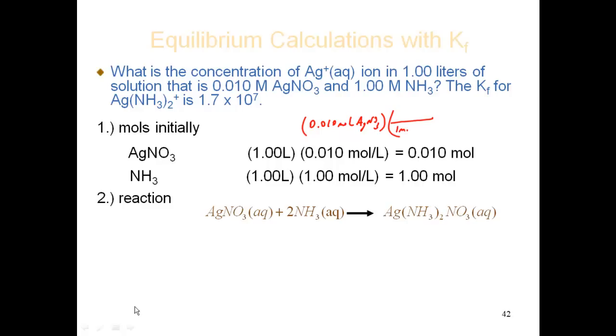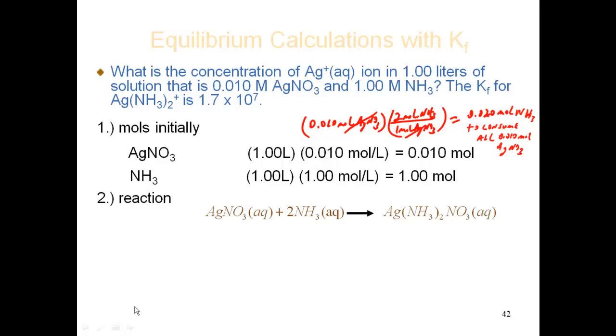Well, for every 1 mole of silver nitrate, I need 2 moles of ammonia to consume it, which basically means I need 0.020 moles of ammonia to consume all 0.01 moles of my silver nitrate.